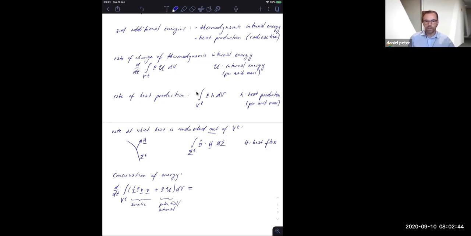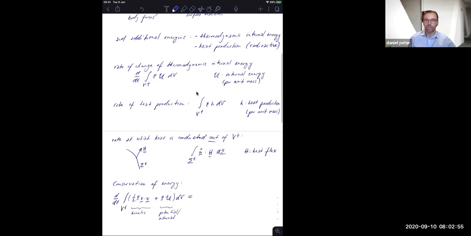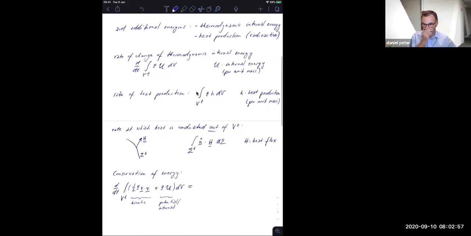Which is now equal to the mechanical energies plus the heat production and the flux. So let's put these terms together.